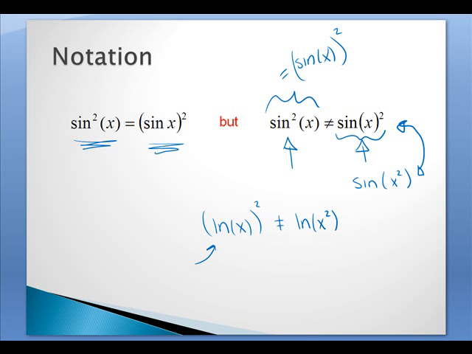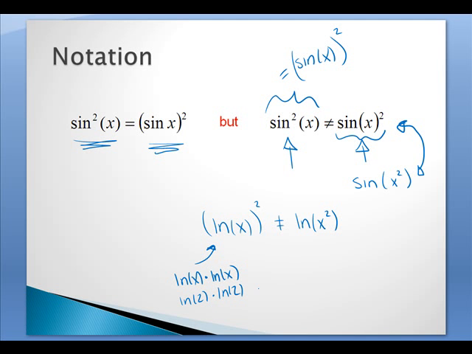Now going back to ln x all squared not equaling ln of x squared. Now what I said on the left-hand side is that this is actually equal to ln x times ln x. And if you're ever confused about this and why this left-hand side does not equal the right-hand side over here, all you'd have to do is actually plug some numbers in. So for example, if x was 2, then on the left-hand side I would have ln 2 times ln 2.